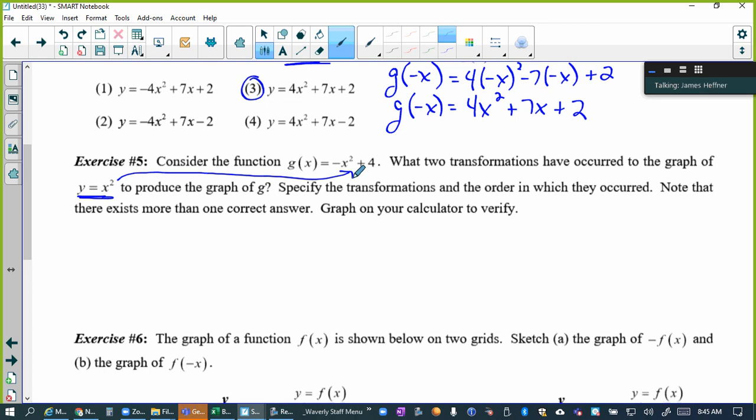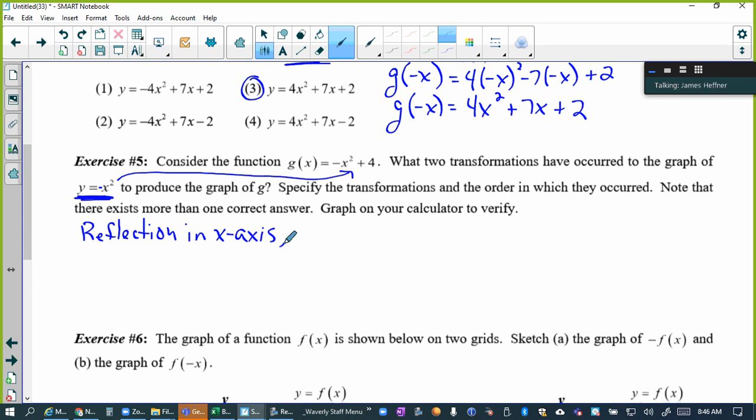Negative x squared. So we started with this and ended up with a negative x squared. What did that do to the function? The negative is on the outside of the squaring, so we know it's a reflection in the x-axis, because it's outside the parentheses.